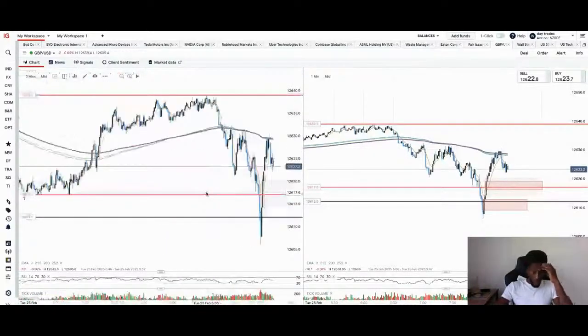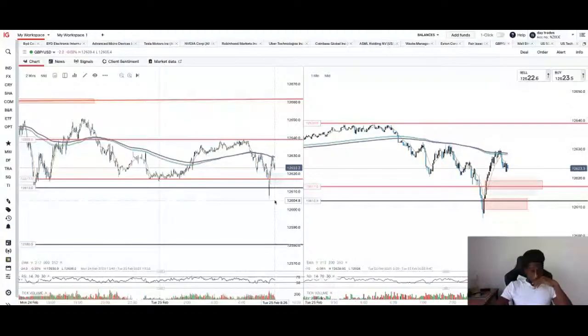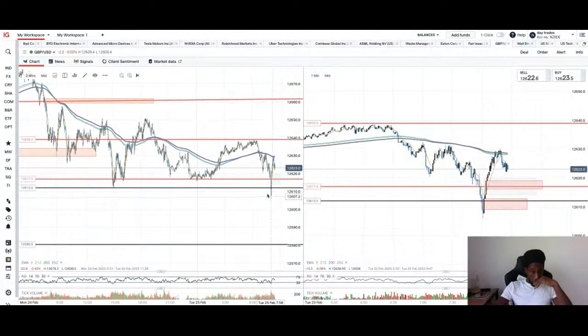What does the market want to do? We want to come and make another low, bounce and go back up.